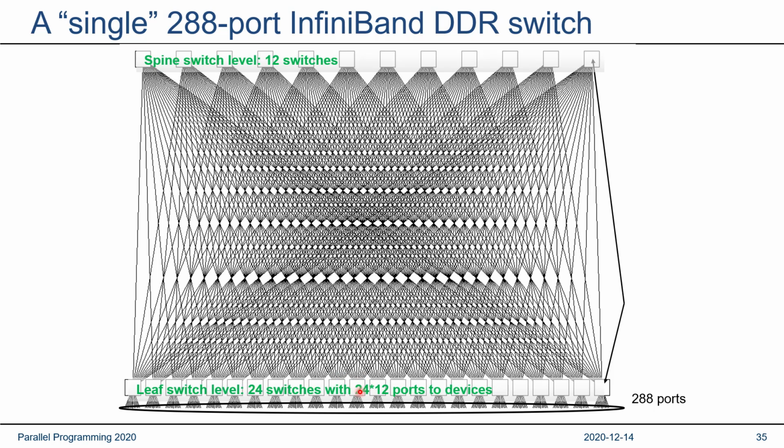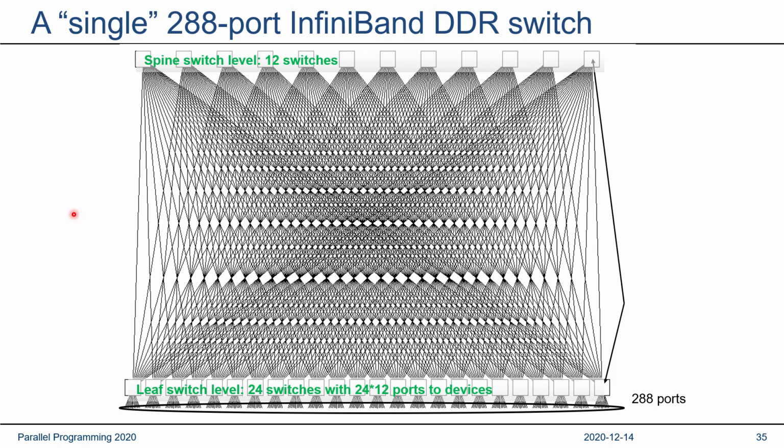Of those 24 ports, 12 are connected to devices and 12 are connected to the spine layer, which correspondingly consists of 12 switches. So this is the largest configuration you can build with these 24-port leaf switches, and it has 288 ports. If you want a larger system, more than 288 nodes, you have to cascade these switches again into a larger hierarchy.